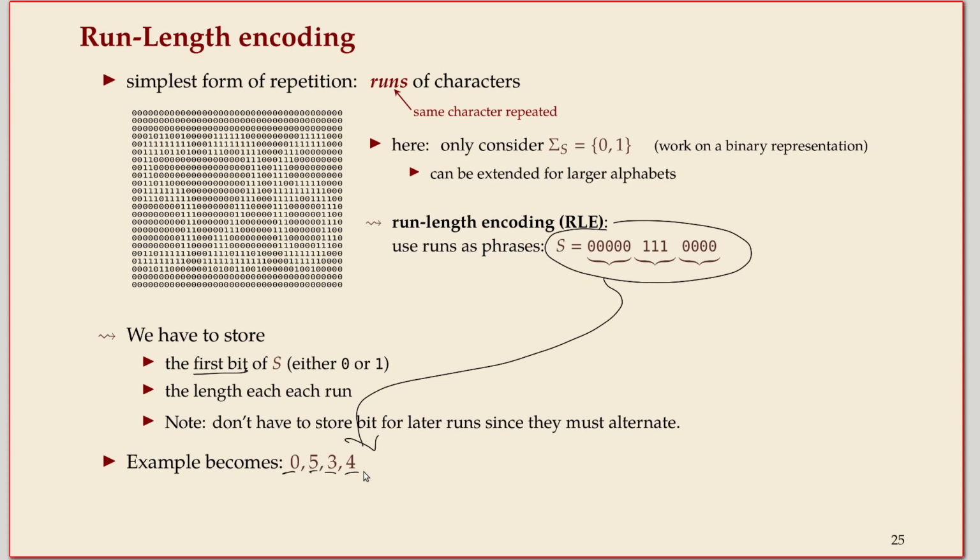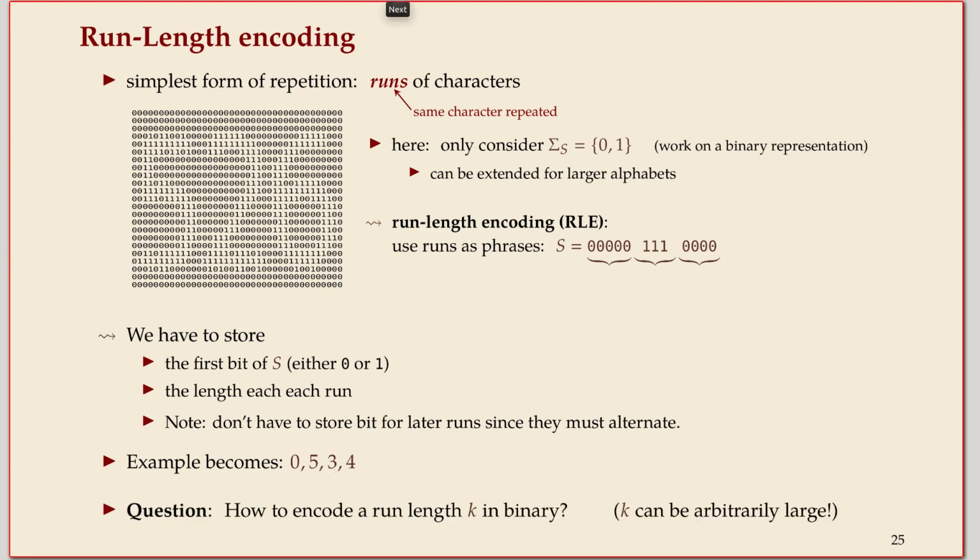Very simple, very neat. Now there's one issue. These are decimal numbers. I just wrote them down here for humans. But this is not a coding scheme in the sense of how we defined it, because it's not so clear how to encode those numbers in binary. In particular, note that there's a priori no bound on how long a run is.